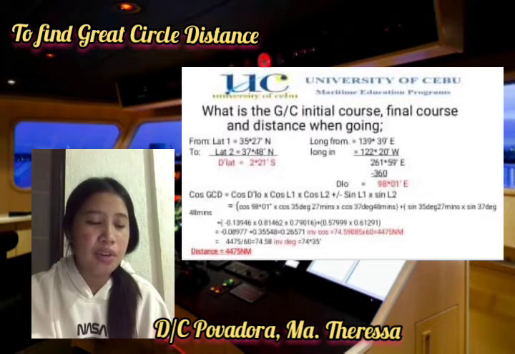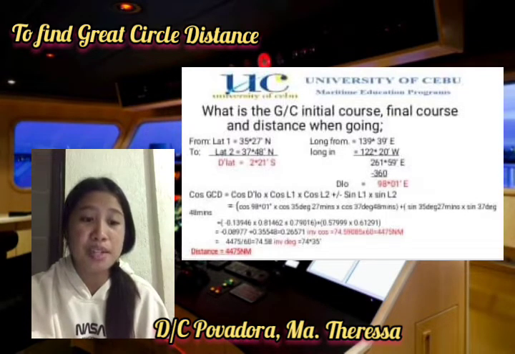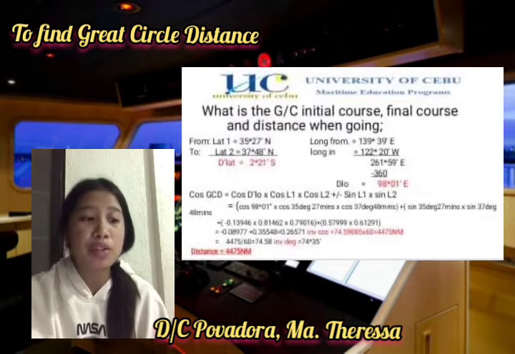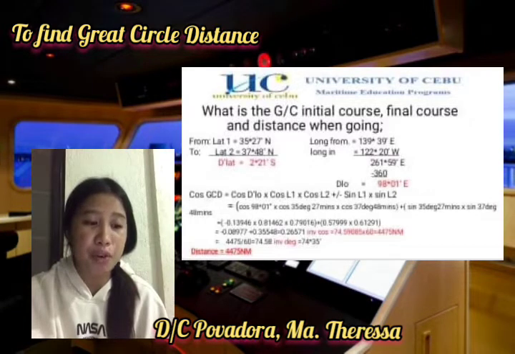Then the answer of 0.57999 times 0.61291 is 0.35548. Then add them together: negative 0.08977 plus 0.35548 is equal to 0.26571.